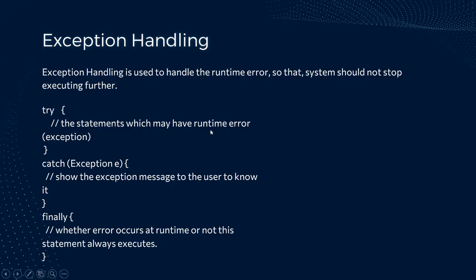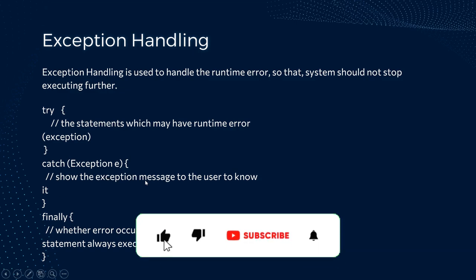You don't know at runtime which type of error will come up, so the statements where you think a runtime error could occur, you put inside this try block. Then if the exception occurs at runtime, this catch block will be executed. Here you handle the exception and you can show the exception messages as per your requirement.